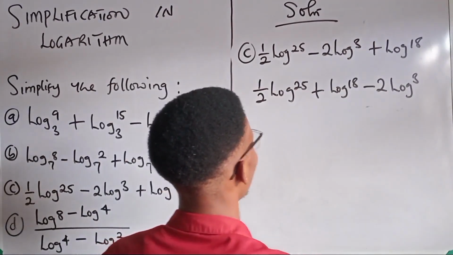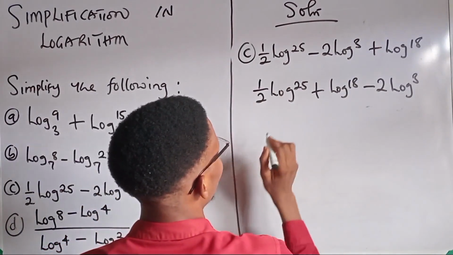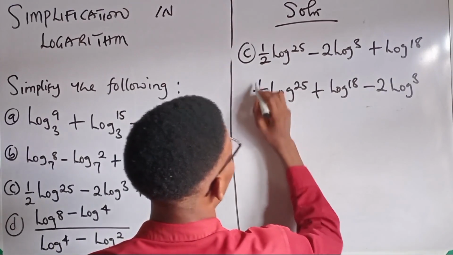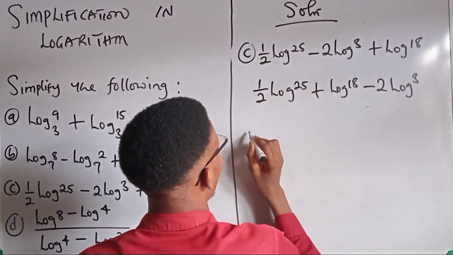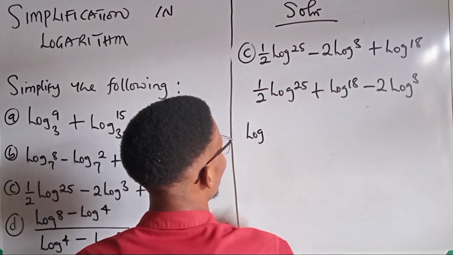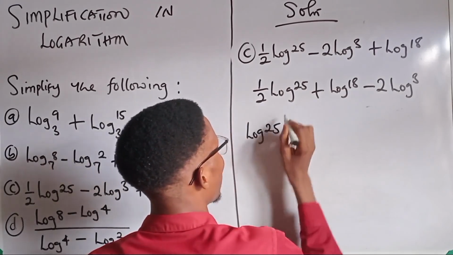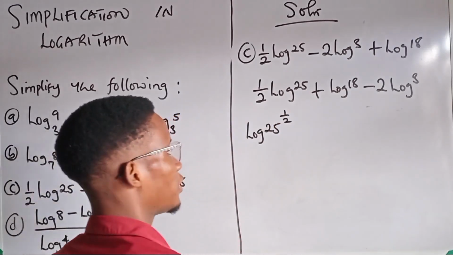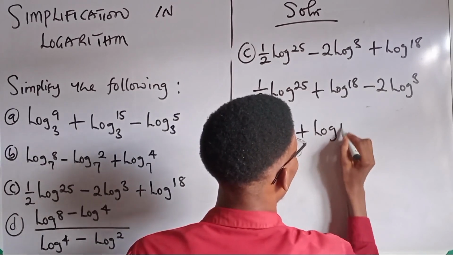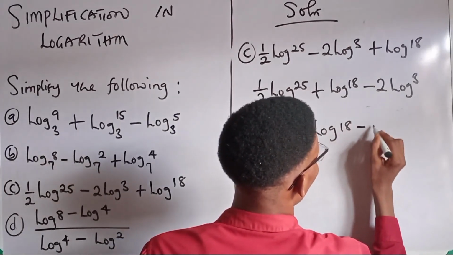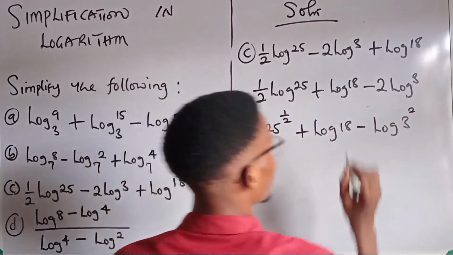So in this case now, we can answer by saying this, we take this up, so we have log of 25 raised by half. All right. Then plus log of 18, then minus log of 3 raised by 2.